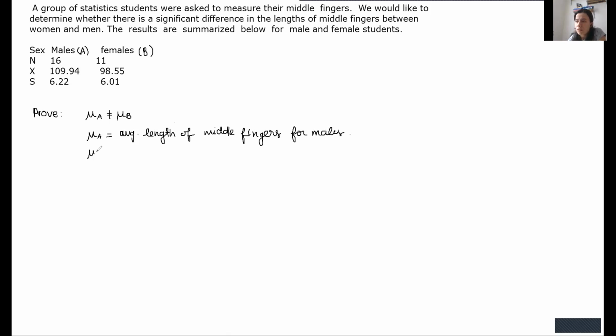And mu B is the same thing, but for females.